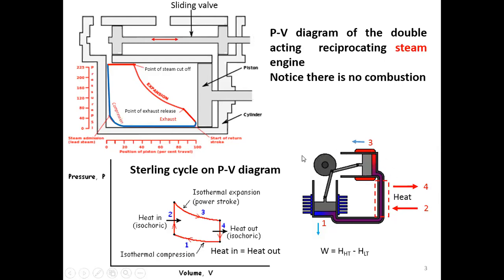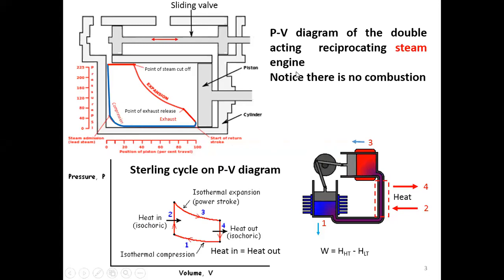It will go like this on and on. How the work comes out, we will talk about later when we go through the PV diagram. Okay, but let's first look at the PV diagram of the reciprocating steam engine.